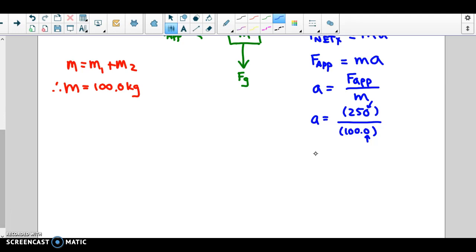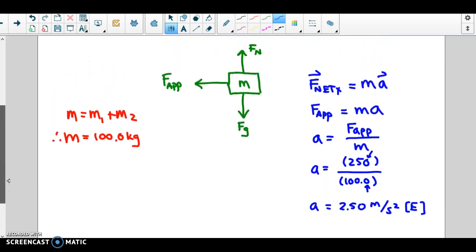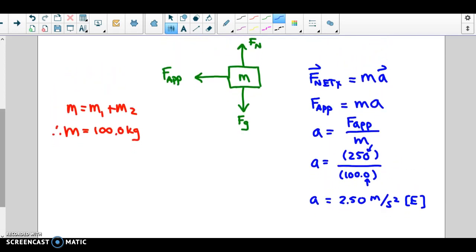So my acceleration is going to be 2.5 meters per second squared east. So that was a pretty straightforward way of figuring out the acceleration of two toboggans simply by lumping them together.